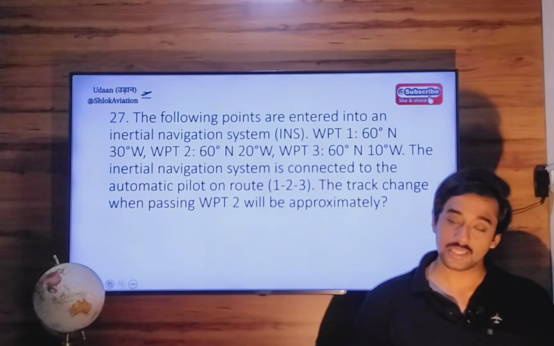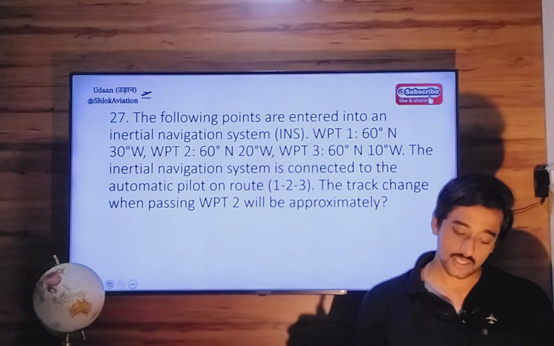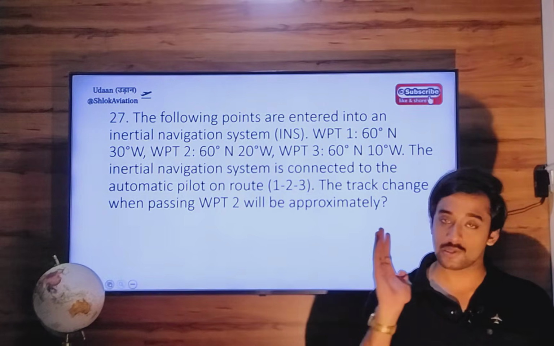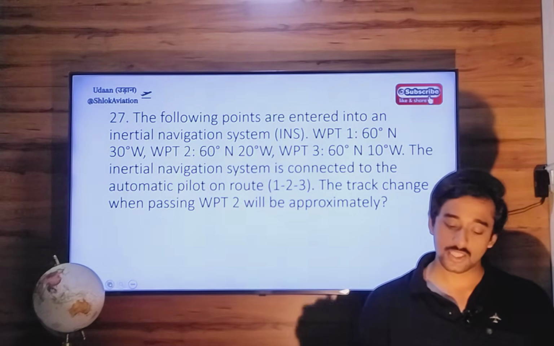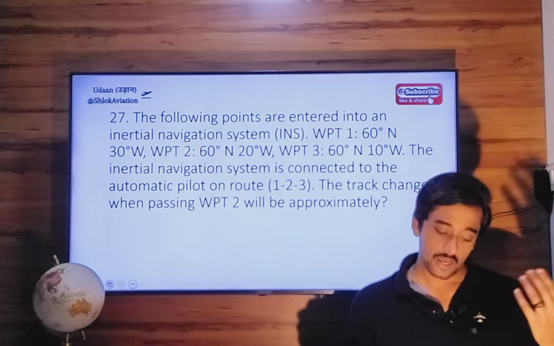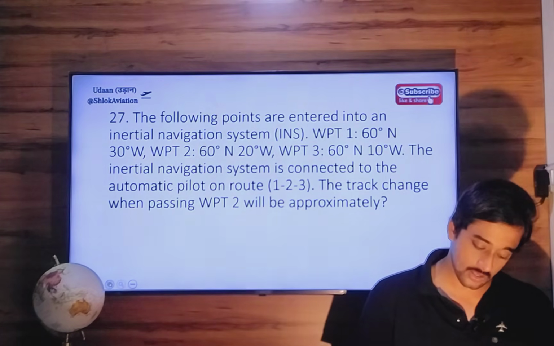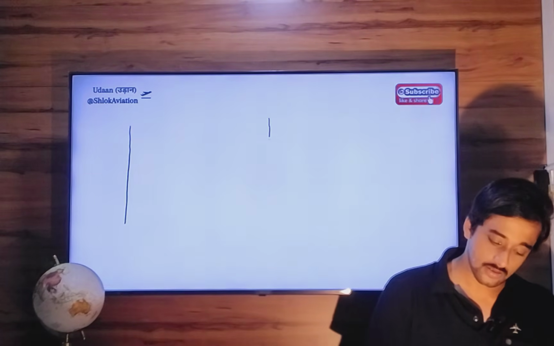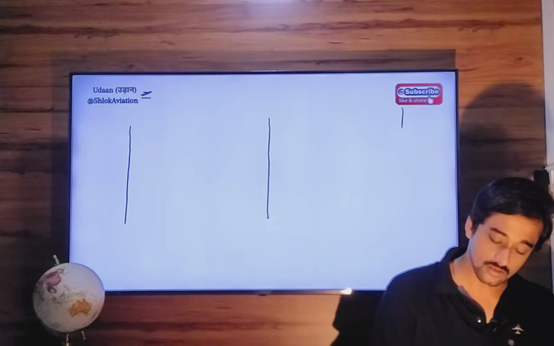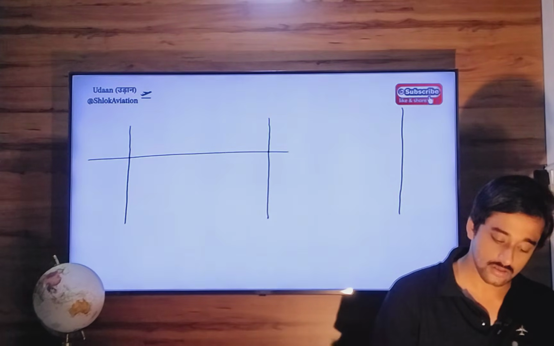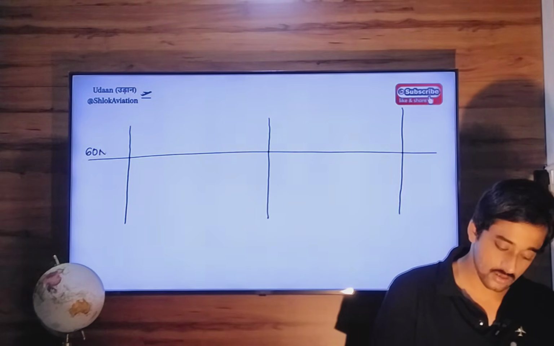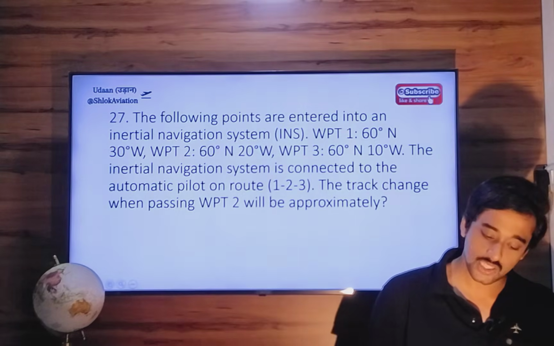27. Three waypoints are given. You are traveling from the first waypoint to the second to the third. What is the track change when you are passing waypoint number 2? So waypoint 1 is 60 north, all three waypoints. 30 west, 20 west.